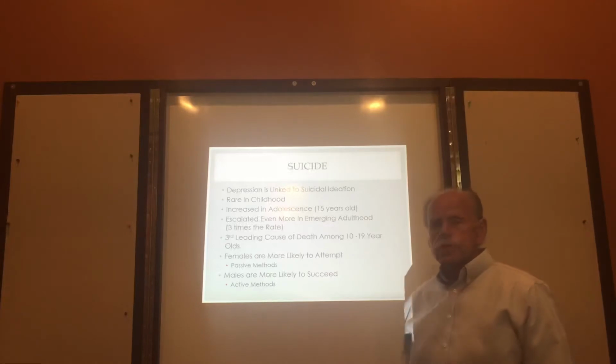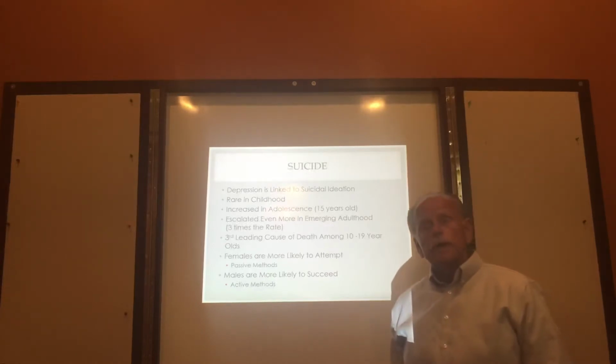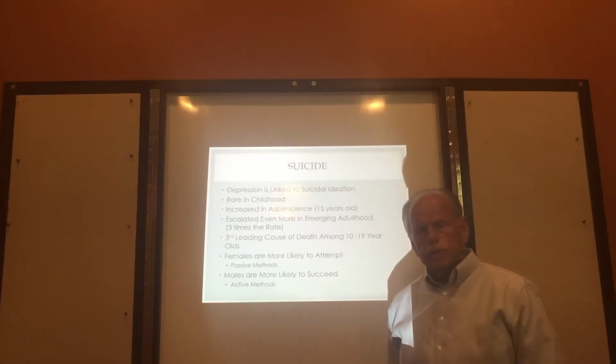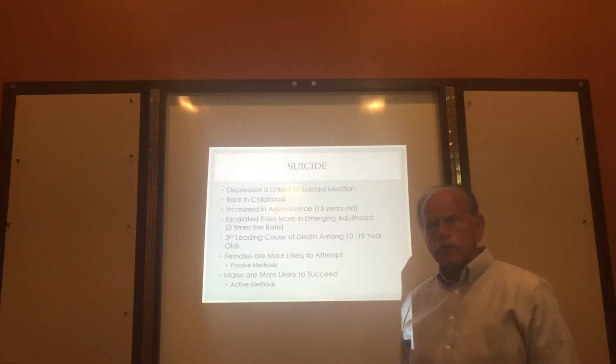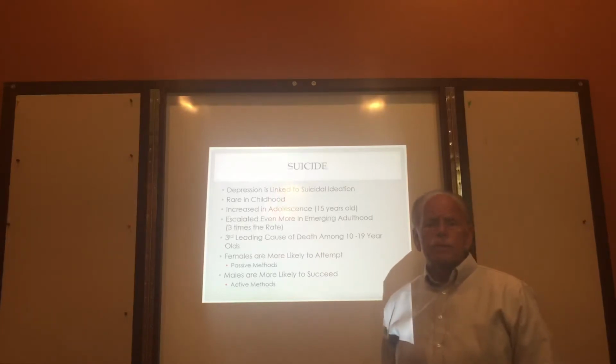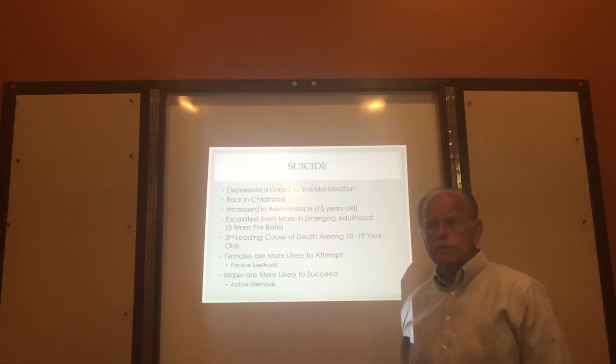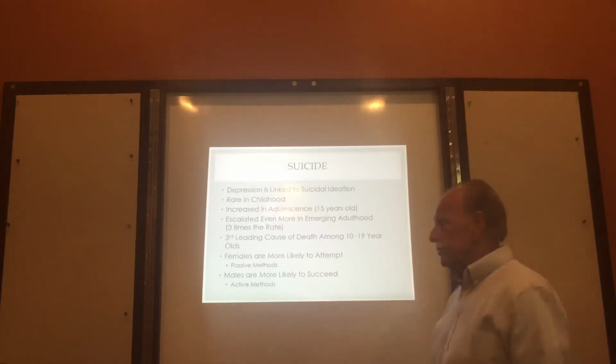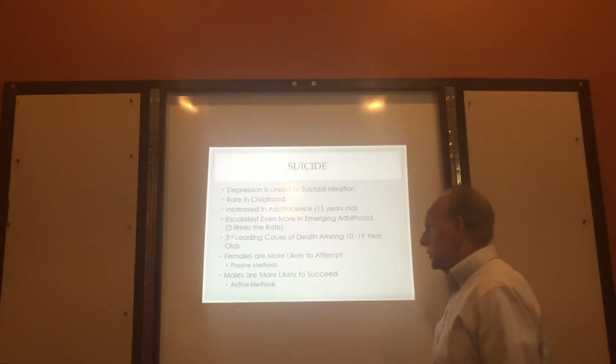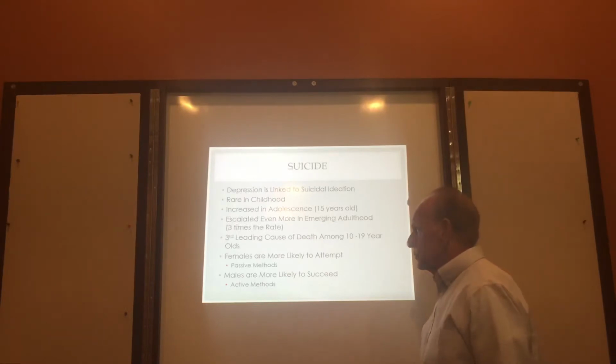When it comes to terminology, suicidal ideation is thinking about committing suicide but not taking any action. Suicide attempt is taking action but typically not completing the suicide, obviously. And finally, completing the suicide is actually someone successfully taking their own life.